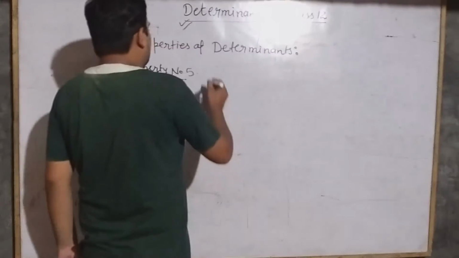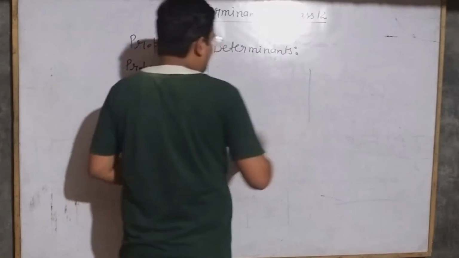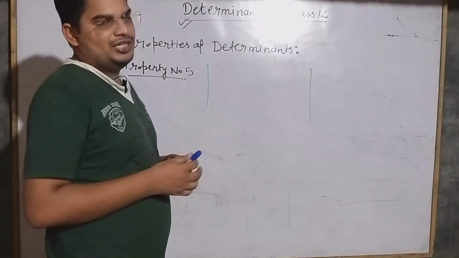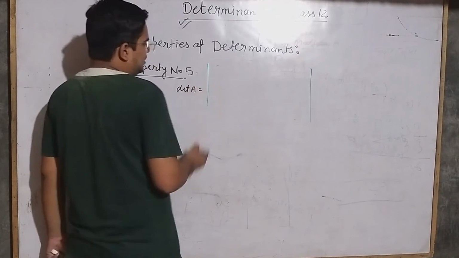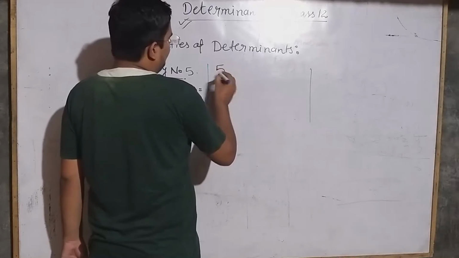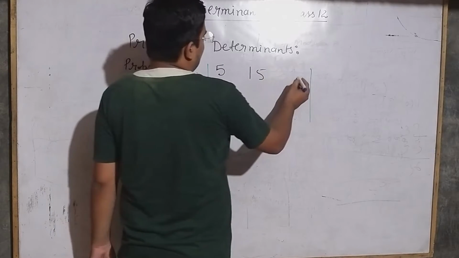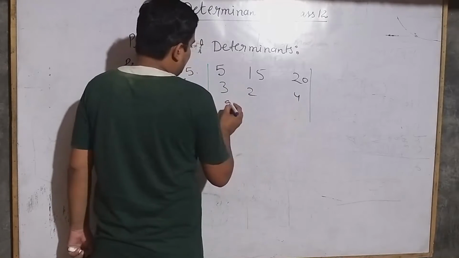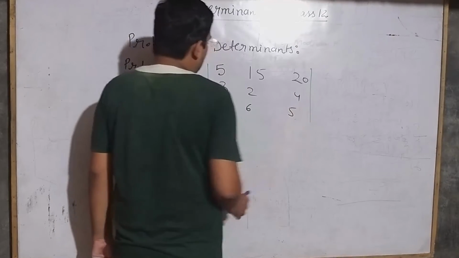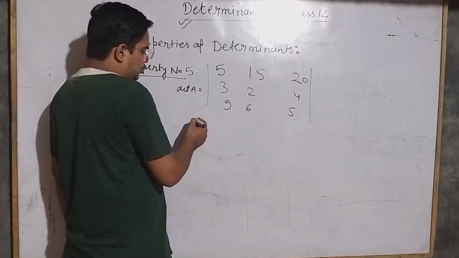Listen everyone. If any determinant is written as the sum of two determinants. Look at this determinant of A. This is 5, this is 15, this is 20, this is 3, this is 2, this is 4, this is 9, this is 6, this is 5. So how can I write it? I can write it in two forms.